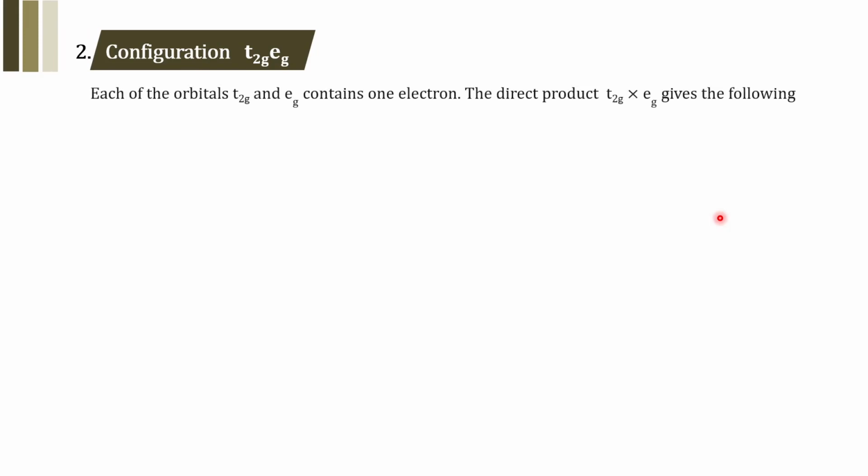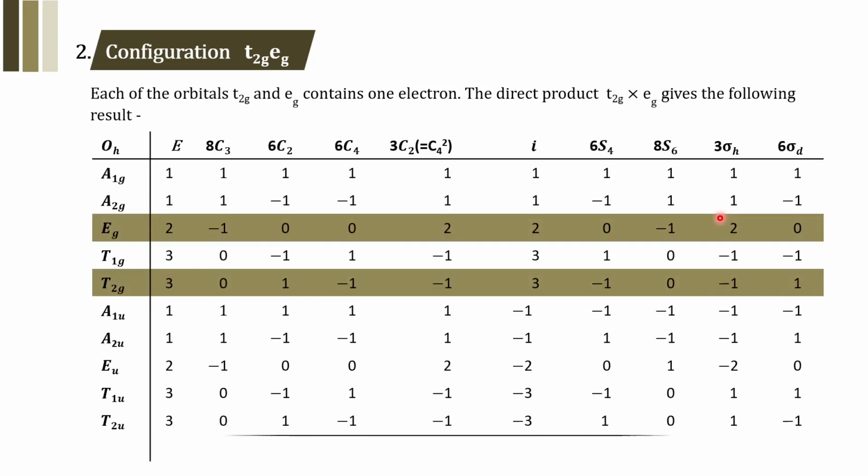Further, we now look at the case where one electron is present in t2g and one electron is present in eg. This is a possible combination, and again we go for the direct product of representations, using what we know from the character table.